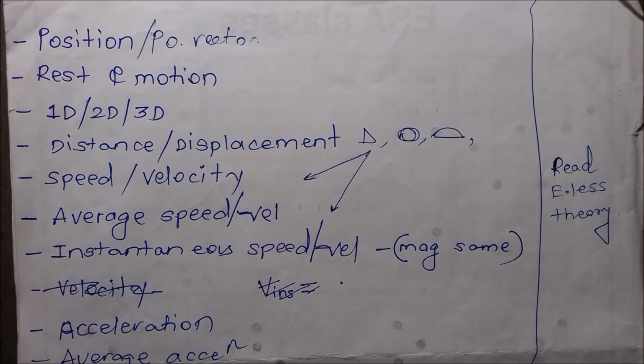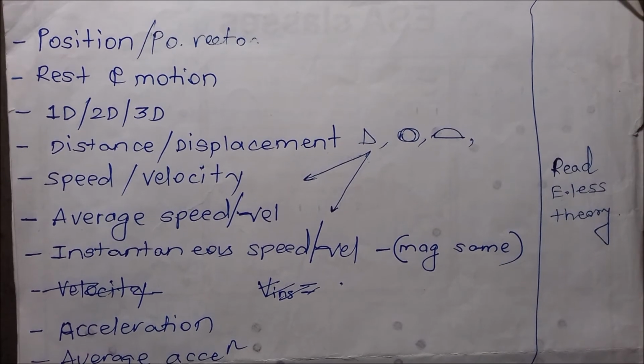Then speed and velocity. Speed is distance upon time, velocity is displacement upon time. Average speed is total distance upon total time. Average velocity is total displacement upon total time.